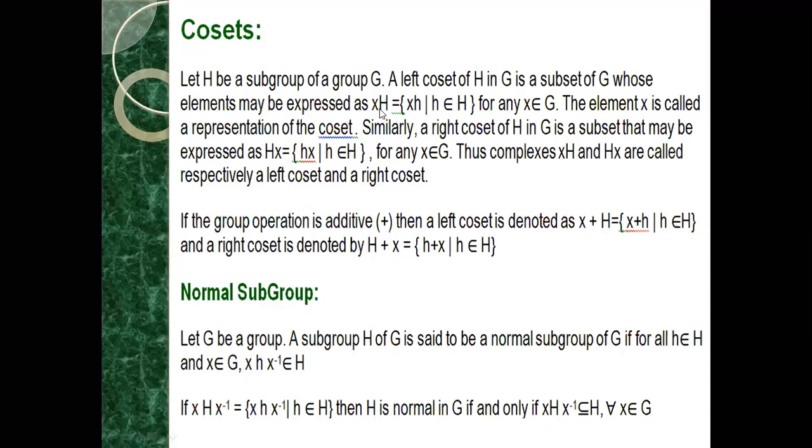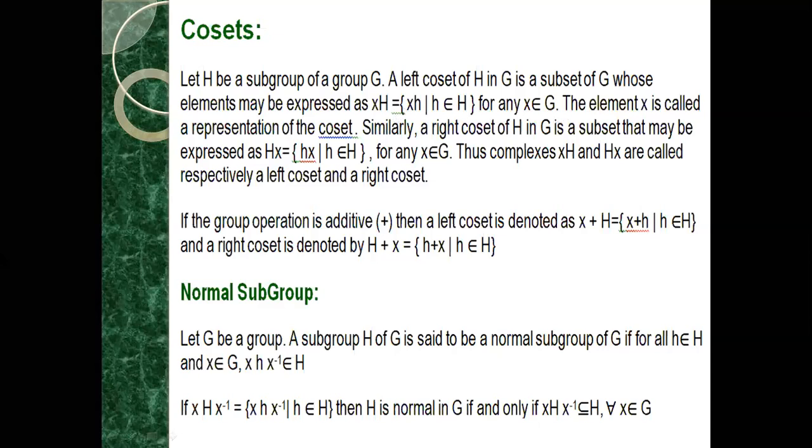Here xH is the left coset. xH is equal to {xh such that h belongs to H}, where x is an element in G and H is a subgroup of G. Here the element of G is on the left side, that's why this coset is called a left coset. This is the condition for a left coset.